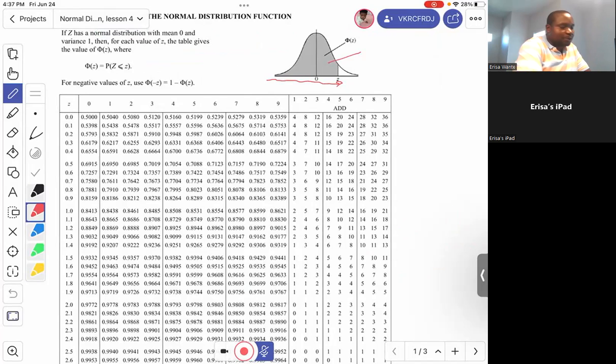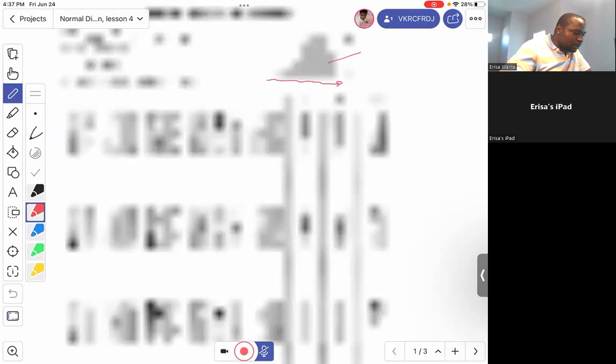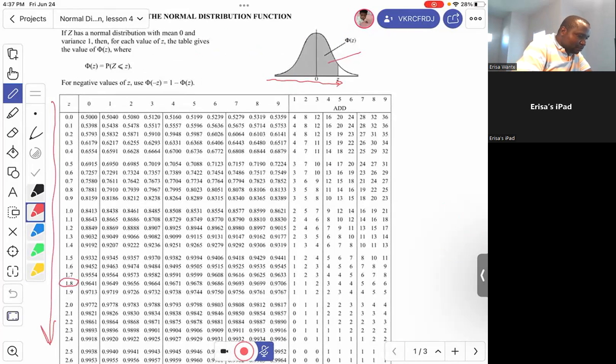And what's the probability for 1.825? The first place of decimal is obtained from the first column on the left. This column right here gives me the first place of decimal. So I look for 1.8, and 1.8 is right here. But the question is 1.825, so where do we get the second place of decimal?